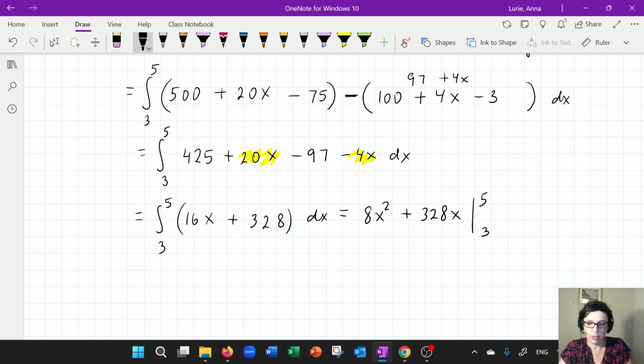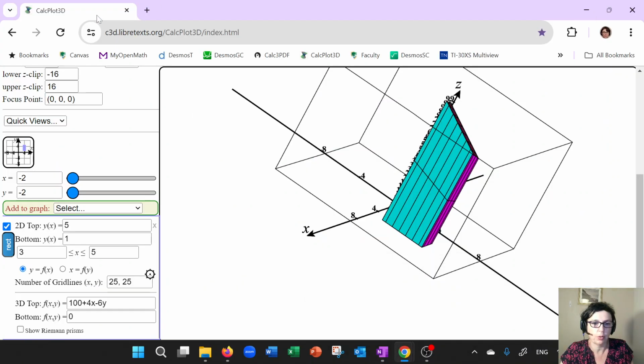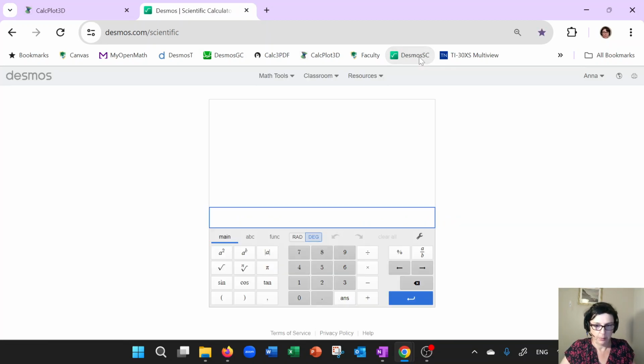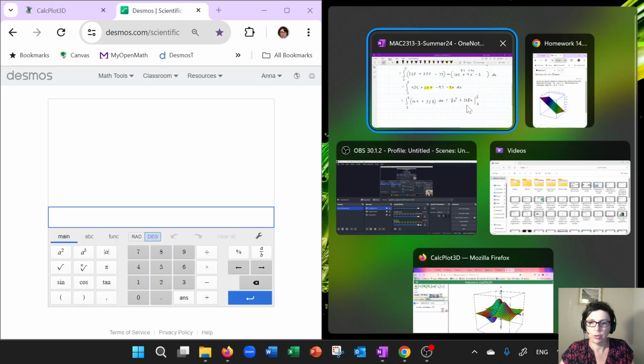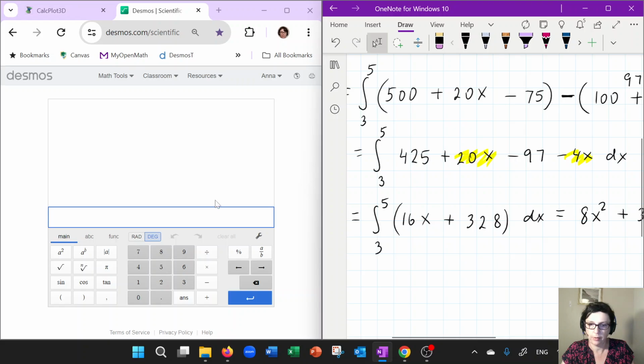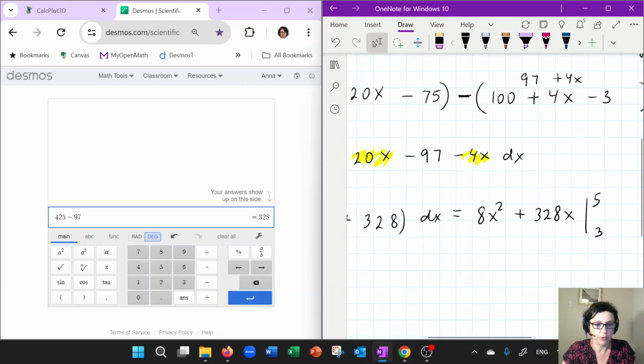Now at this point, you do not really have to do anything in your head because now you can just go to the calculator. So let me just check to make sure because I did some stuff in my head which I probably shouldn't have. Okay, so what's 425 minus 97? That is 328. Okay, so now I just have to plug in.